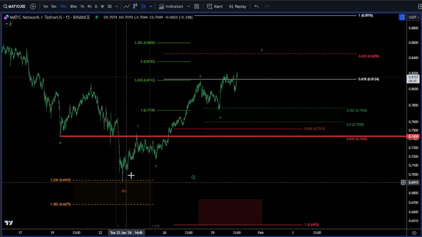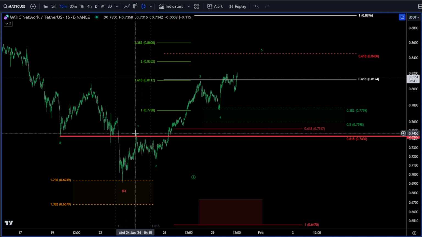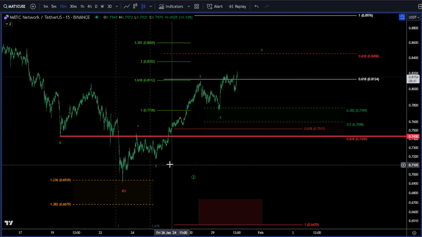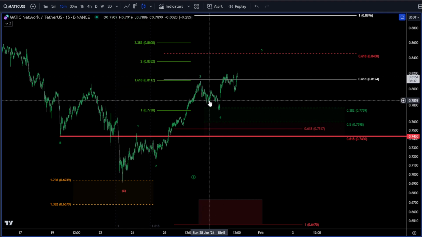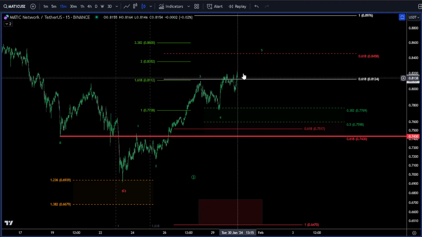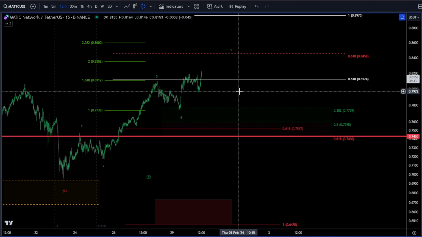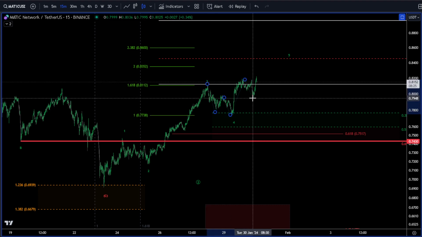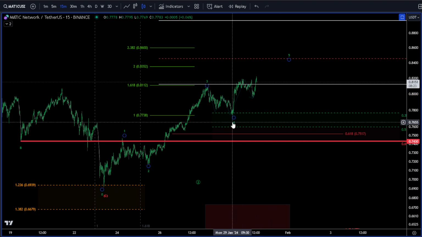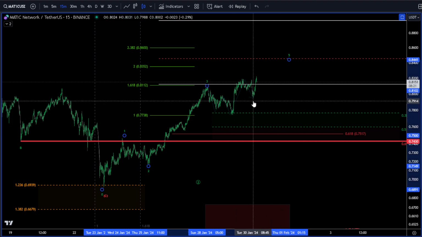So we've had a wave 1 to the upside, pulled the extension of that off the wave 2. We've hit the 1.618 extension for our wave 3, and it looks like we're using a little more upside here. So what I would do with this is actually, this is most likely an expanded flat, where our 4th is actually over here.